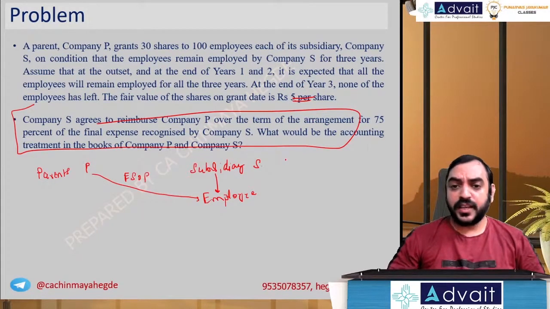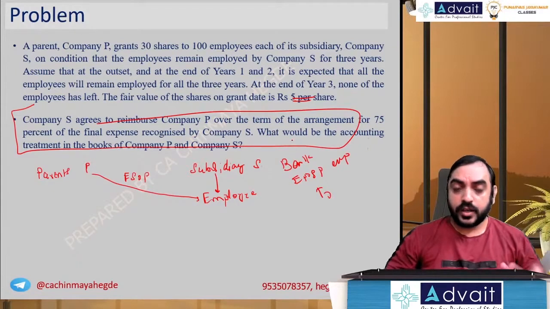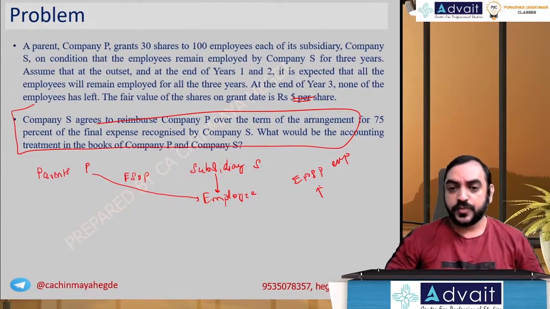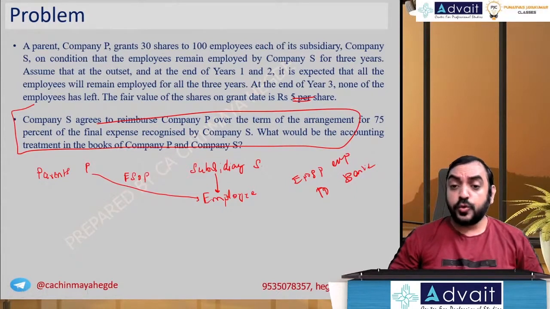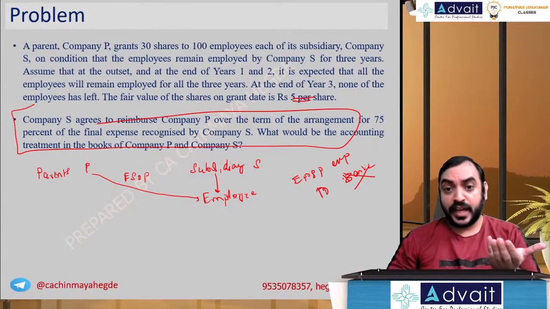They would have passed an entry: ESOP expense to whatever amount paid, to bank. They would have passed an entry like this. Now, to bank they are not crediting because they are not paying directly.